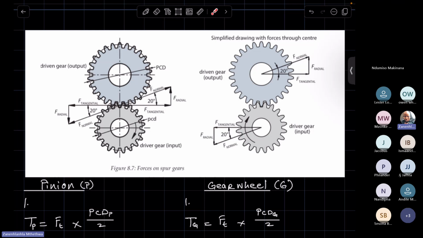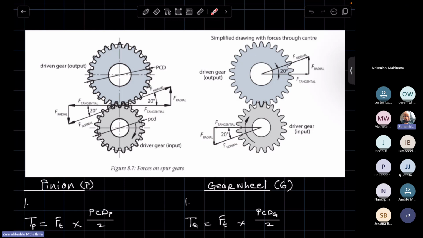The bigger the radius, the bigger the torque that your gear system can output. Hence, in a gear system, when just looking at two gears in mesh, you would fit the input shaft onto the pinion and fit the output shaft onto the gear wheel, essentially.